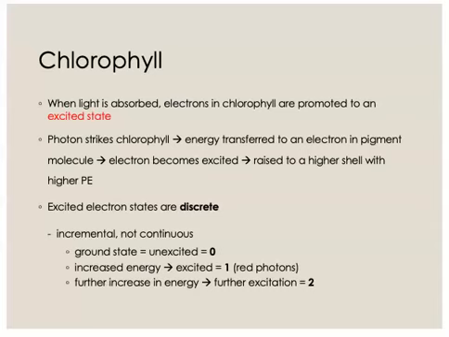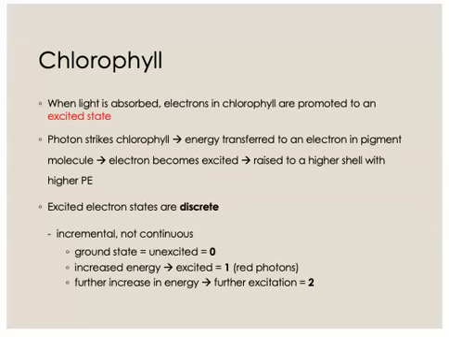In physics, we describe electrons as being capable of moving between certain states of excitation. When the electrons in chlorophyll are energized by the light, they move to a higher state of excitation. The photon strikes the chlorophyll molecule, and the energy in the light gets transferred to an electron in the pigment.